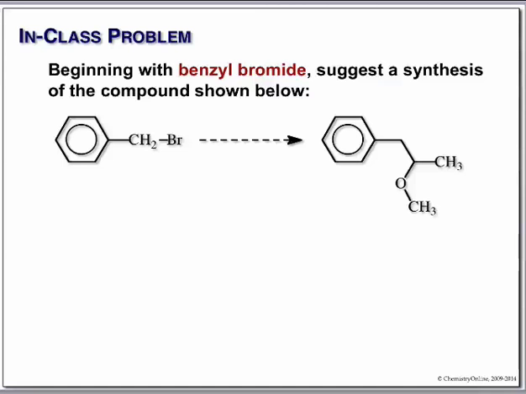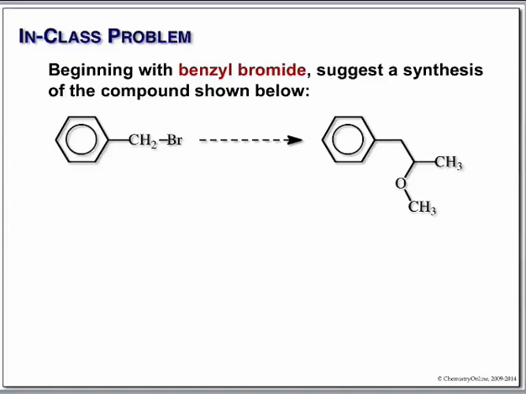As we look at this, we say this is an ether, isn't it? We know how to make ethers really one way, and that's through a Williamson ether synthesis. That's the simplest way.